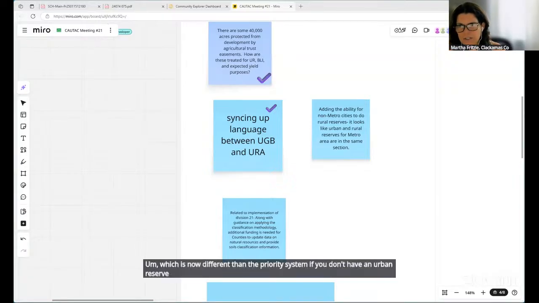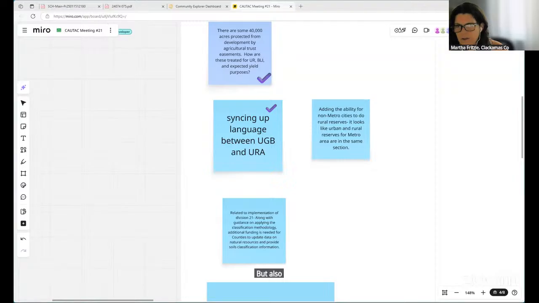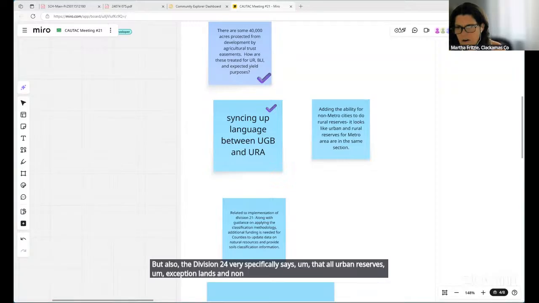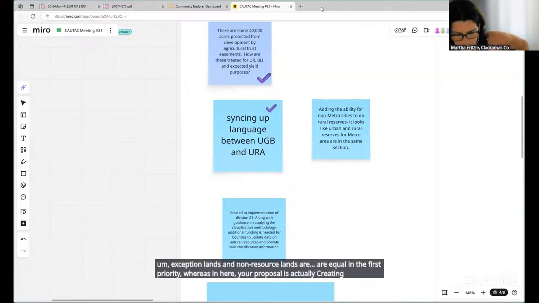And I just wonder if there's any value in syncing those up. But also, Division 24 very specifically says that all urban reserves, exception lands, and non-resource lands are equal in the first priority, whereas in here, your proposal is actually creating a situation in the reserves where all lands are not equal.